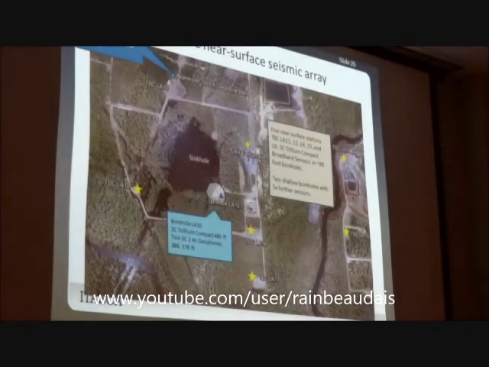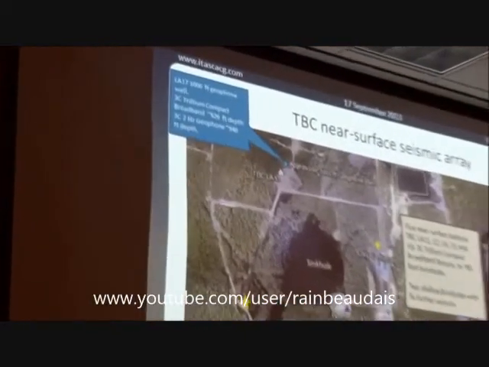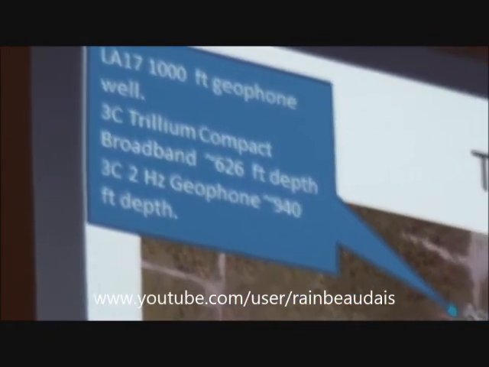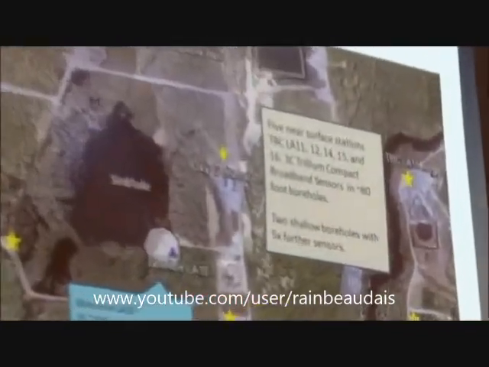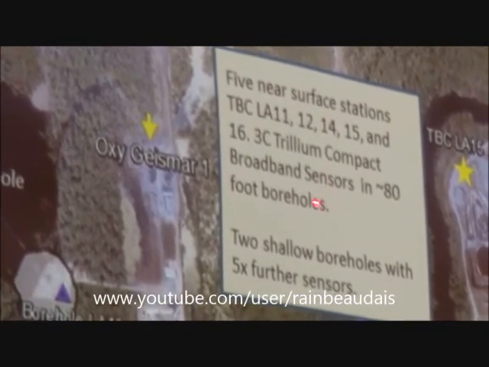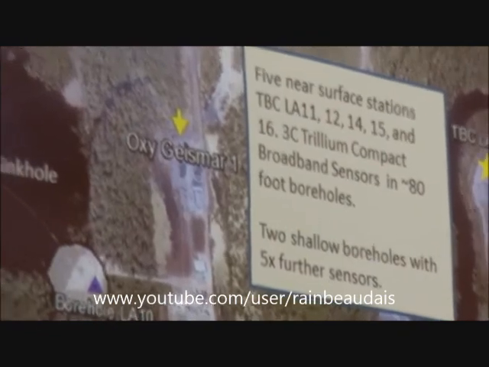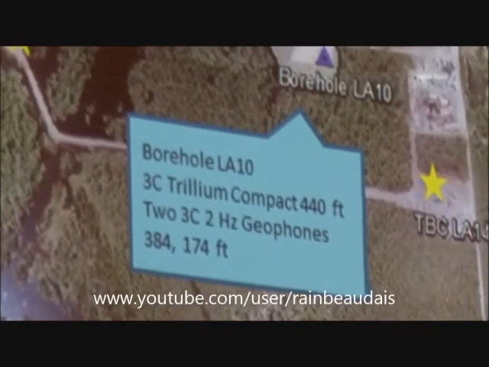So as I mentioned, another thing that's happening is Texas Brine are installing a geophone array into the salt dome at depth. I just wanted to take a little step back first to talk about the whole micro-earthquake array that's installed at the site. There's currently 5 near-surface stations that are monitoring the volume near the surface, down to about 1,500 feet depth.